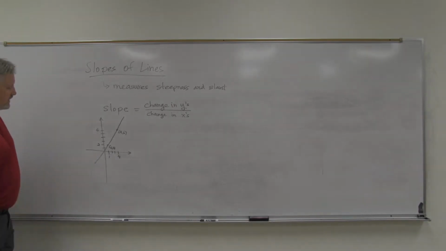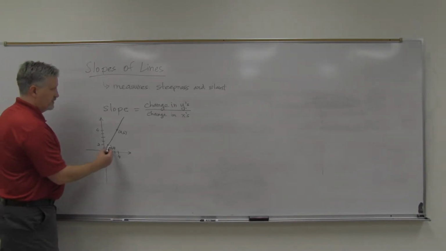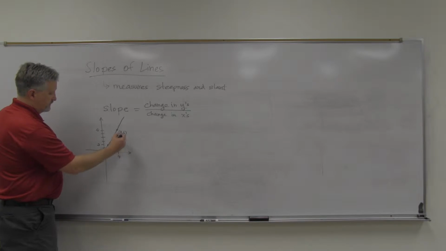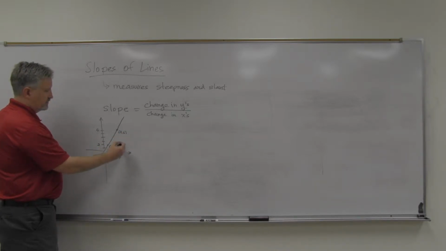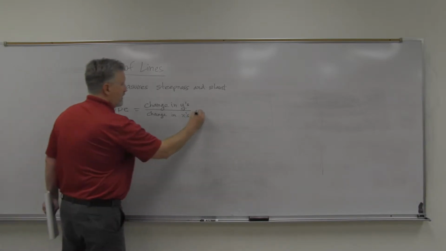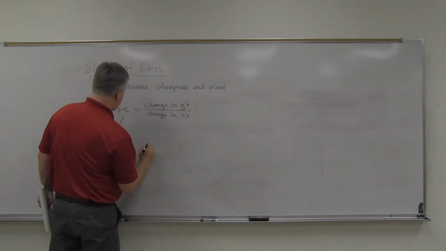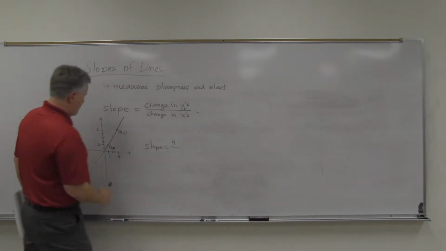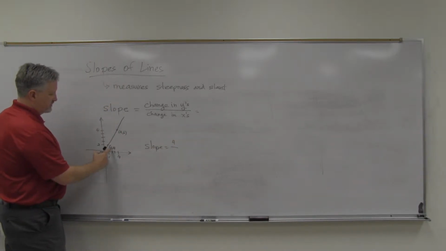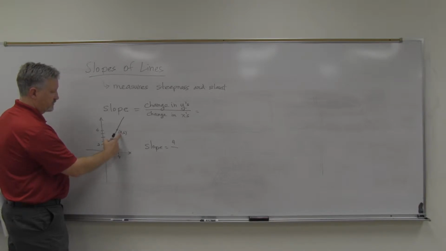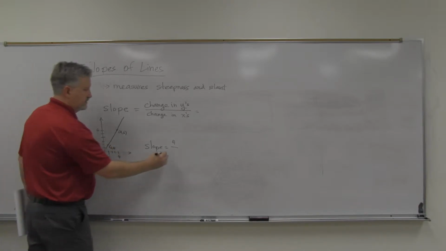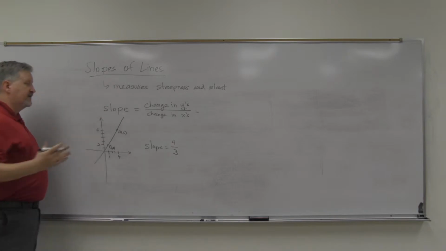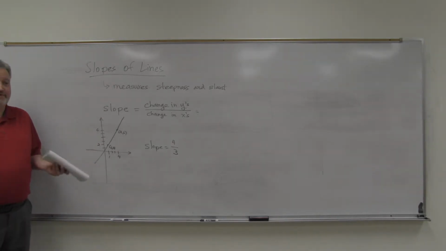If we look at it, the change in the y's: the y's have changed from 2 up to 6, so we've changed the y by 4. Then the x's have gone from 1 to 4, so those have changed by 3. Okay, so that slope is 4/3.